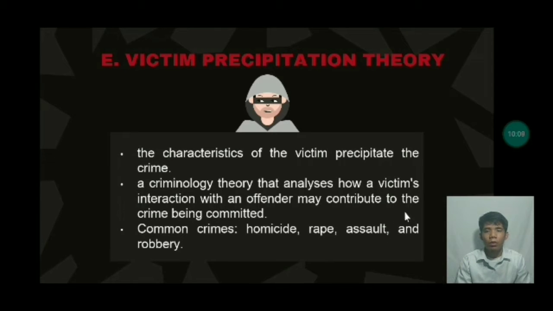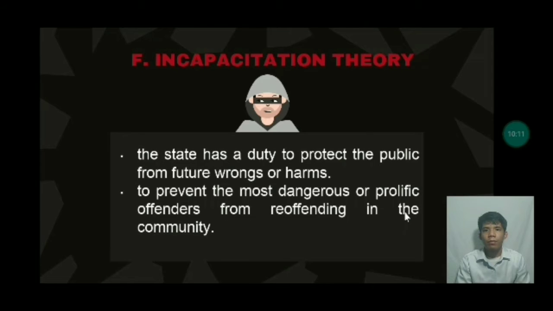And under the classical theory, we have the last topic, that is incapacitation theory. The state has a duty to protect the public from future wrongs or harms, to prevent the most dangerous or prolific offenders from reoffending in the community. This theory was created by Zimring and Hawkins.